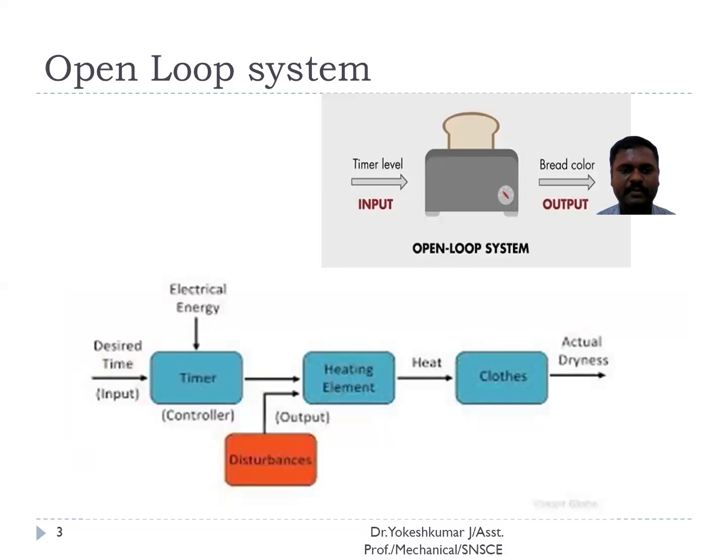Here, we give the desired time as input for the timer. Then with the electrical energy and the time input, the controller will be enabled, and the processing element is the heating element, which is used to heat the bread. Finally, we get dryness in the bread. But sometimes we have disturbances, called noises, in the signal also.